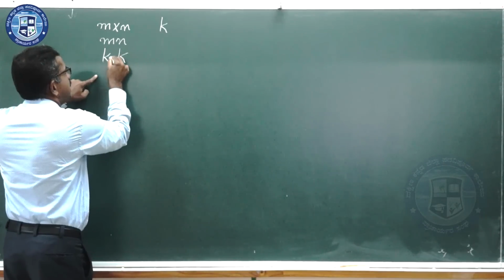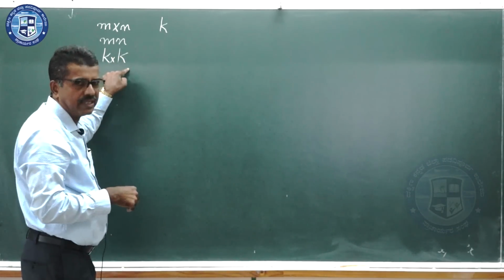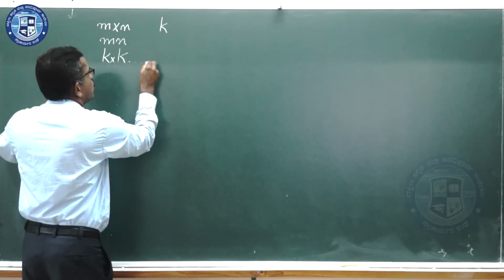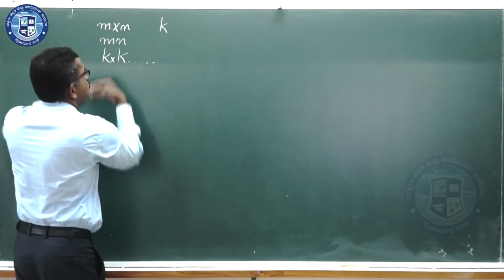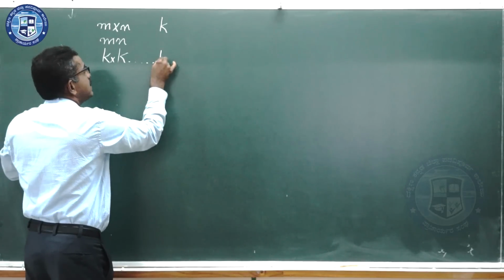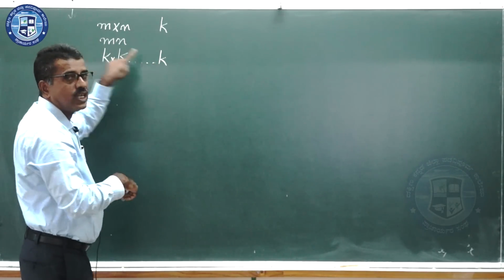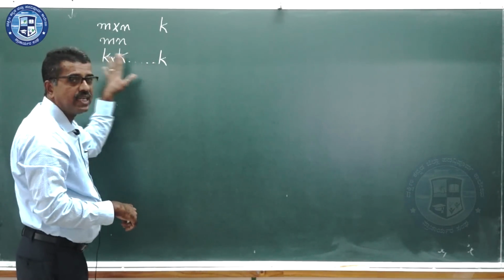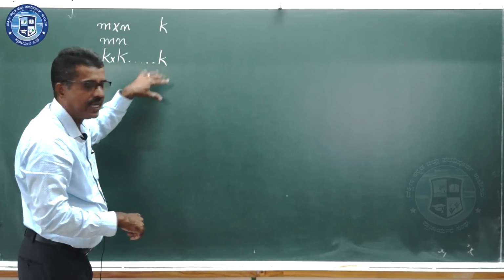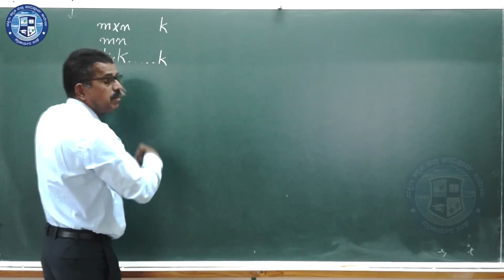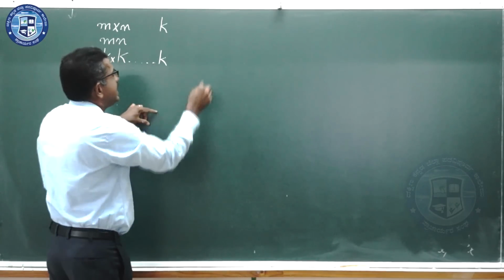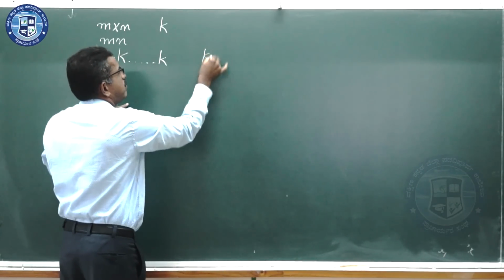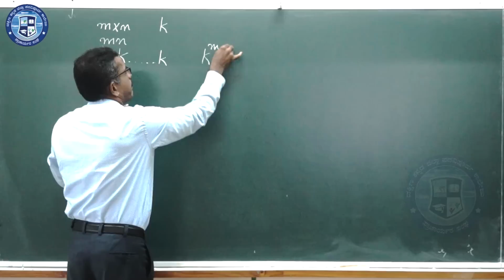Therefore the first two entries can be written in k into k ways. Likewise, if you go on, we require m into n elements in total, so the last, mnth element can also be expressed in k different ways. Therefore, using the fundamental principle of counting, the total number of possible matrices is k to the power m into n.